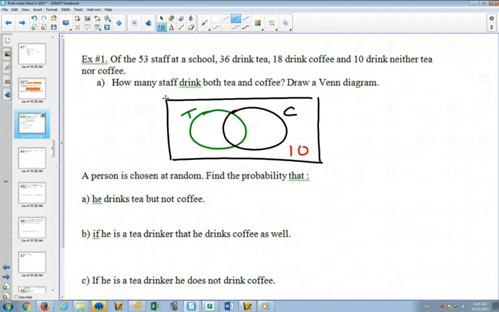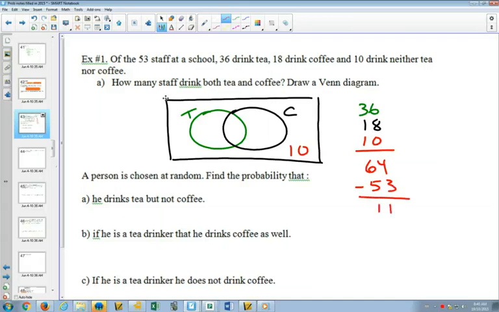How many use this strategy? 36 drank tea, 18 drank coffee, 10 drank neither. Add those all up, and we get 64. But since there's only 53 people in total, we're over by 11.